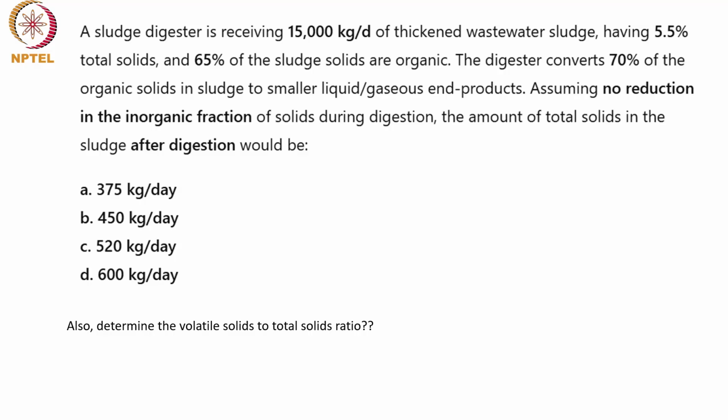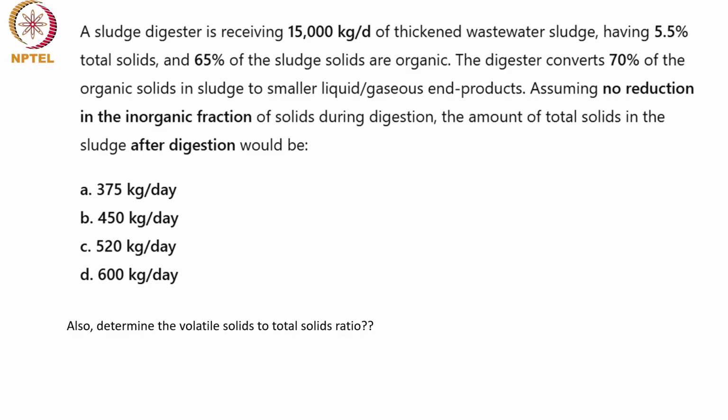In the question, you have a sludge digester receiving mass of sludge equal to 15,000 kg per day. The thickened sludge has total solids of 55% and 65% of the sludge solids are organic.